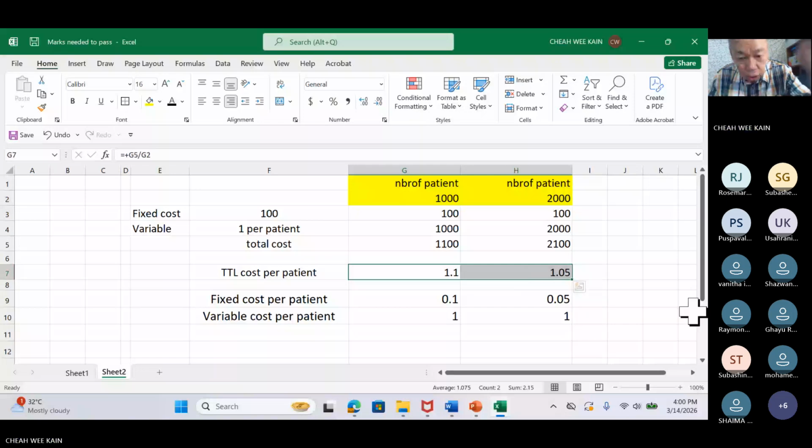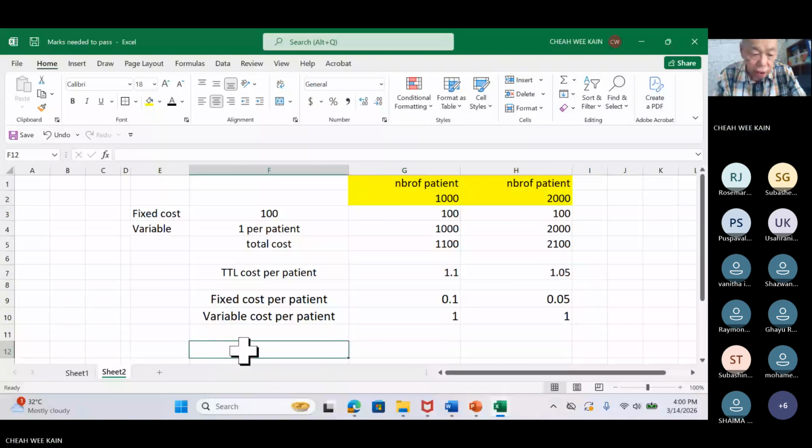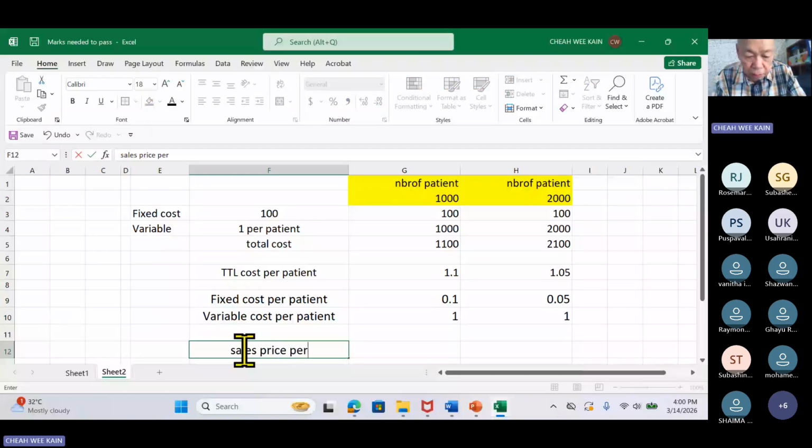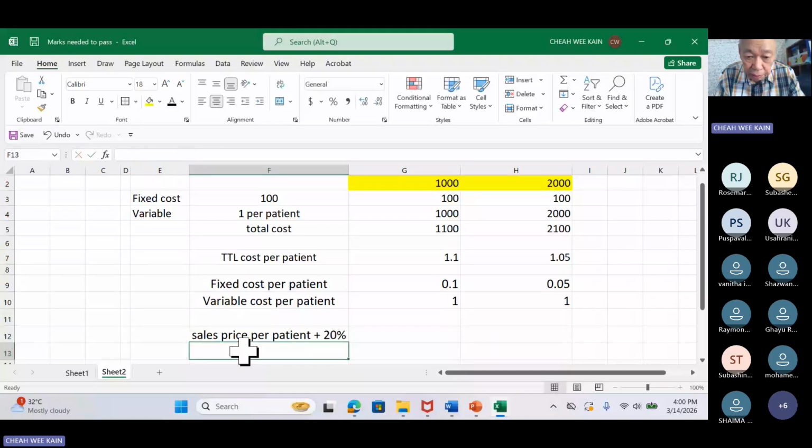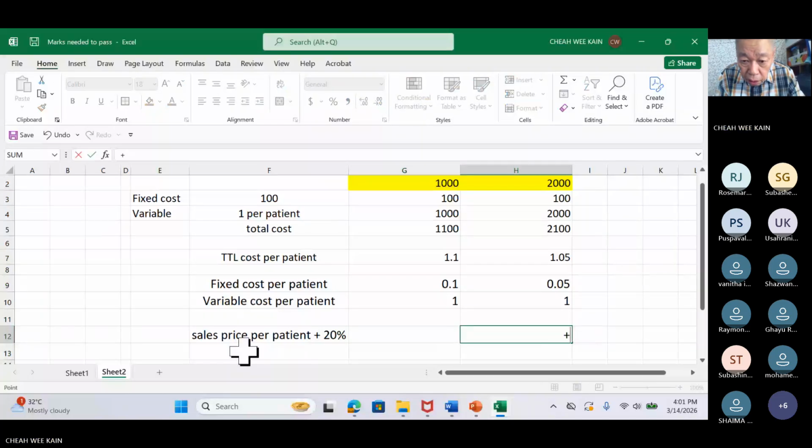So now, if you say sales price per patient, and you want to have a plus 20% markup, understand? So what will be this cost? So this will be times 1.2.